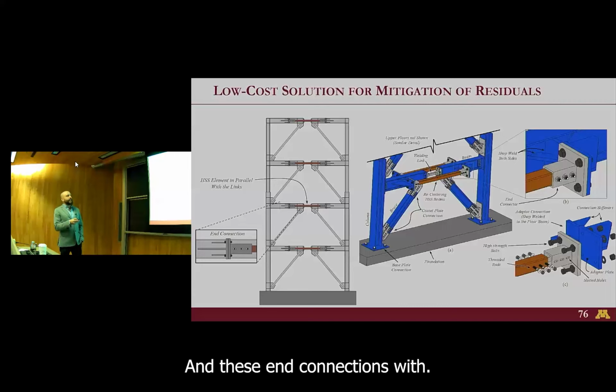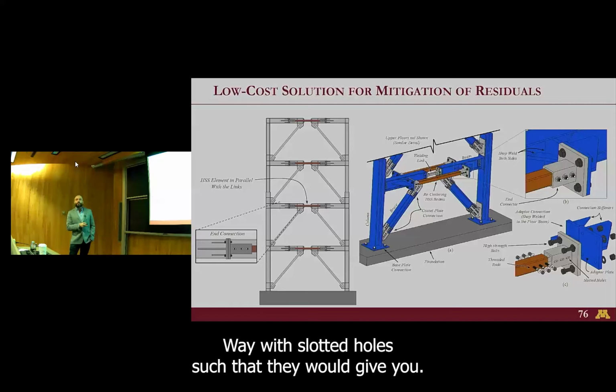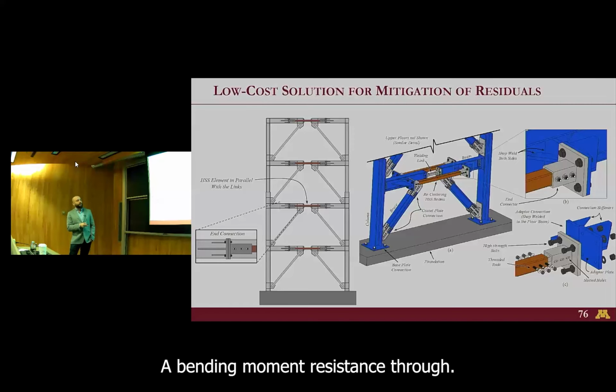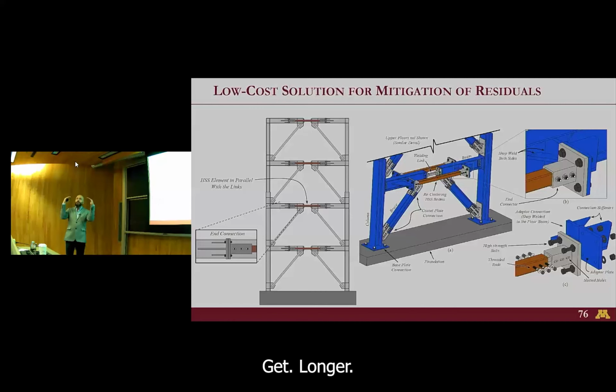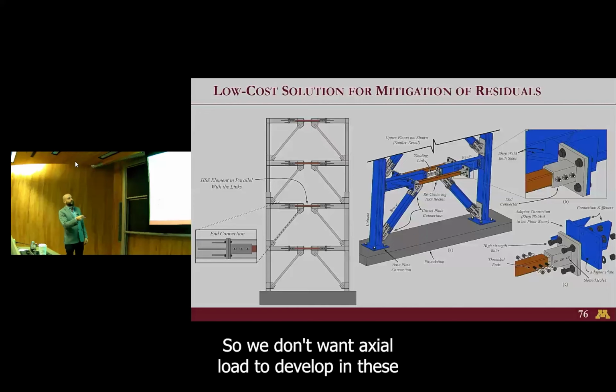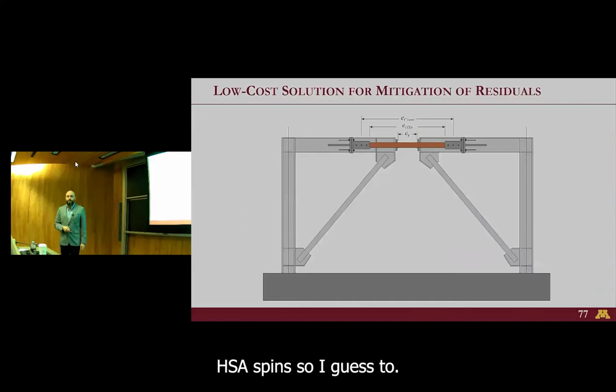And these end connections, we detailed them in a special way with slotted holes such that they would give you bending moment resistance through a couple in these two, but release the axial movement. Because as you know, the link would get longer. And if I exaggerate it, the EBF at some point may look like that. So we don't want axial load to develop in these HSS beams.